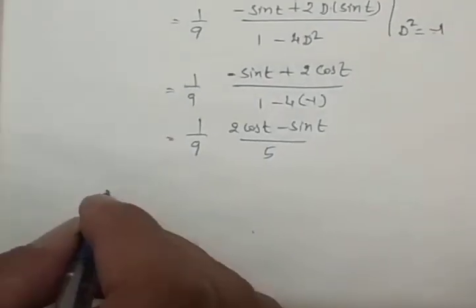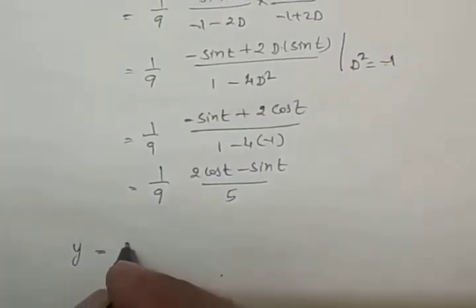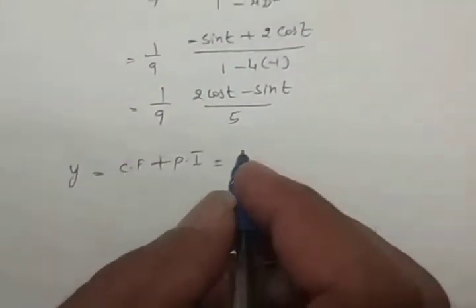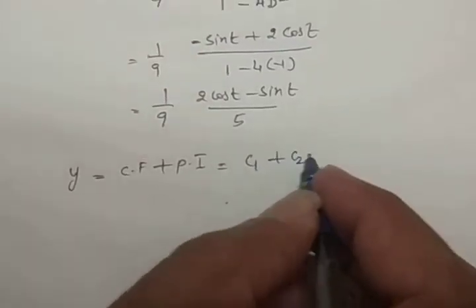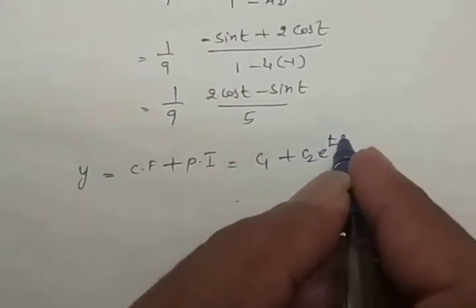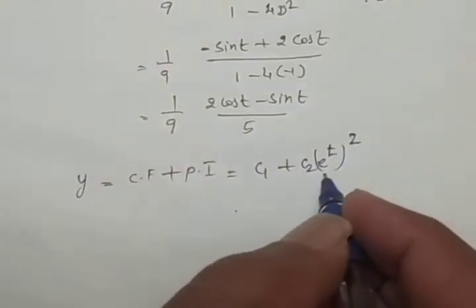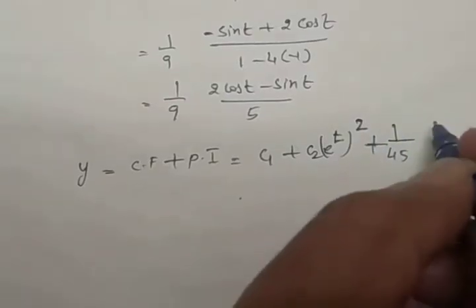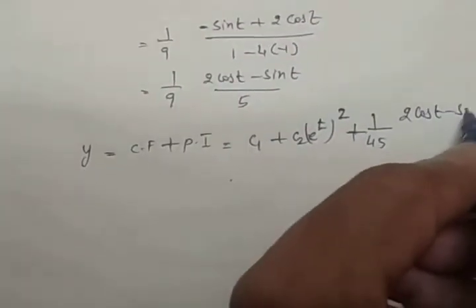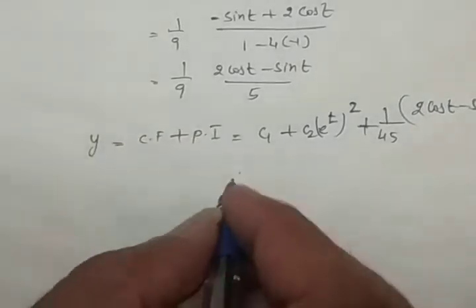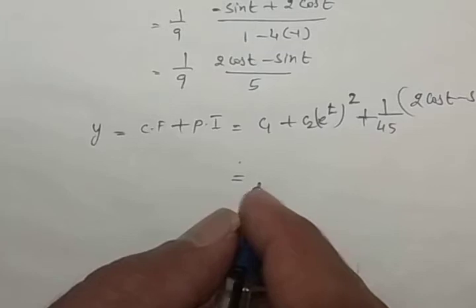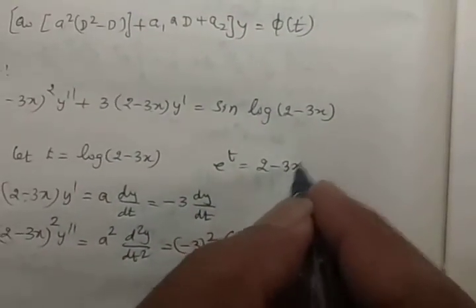Now the answer is what? Y equal to complementary function plus particular integral. Complementary function is c1 plus c2 e power t square plus 1 by 45, 2 times cos t minus sin t. So here e power t is what? e power t is 2 minus 3x.